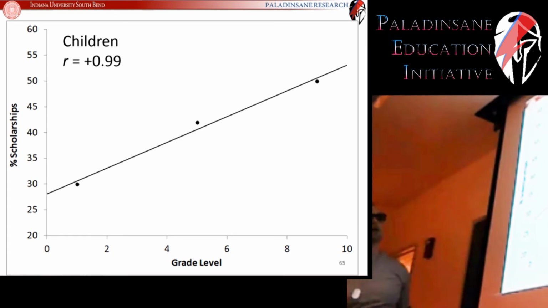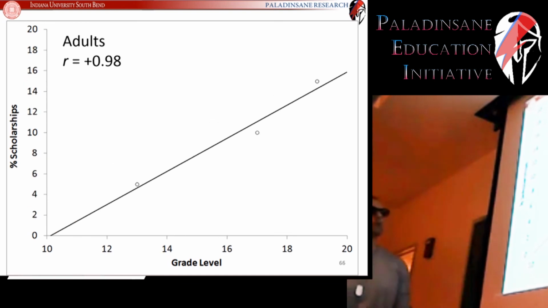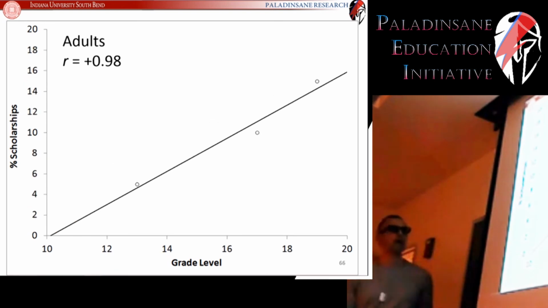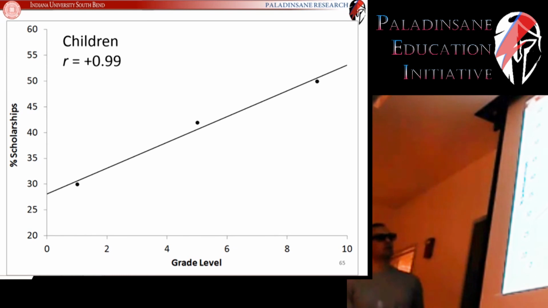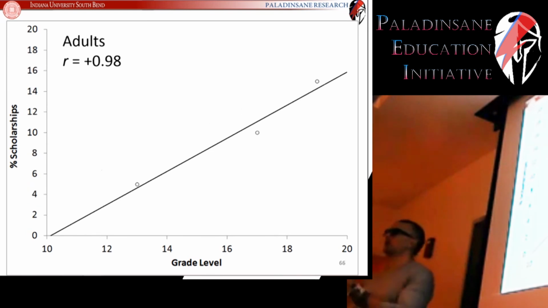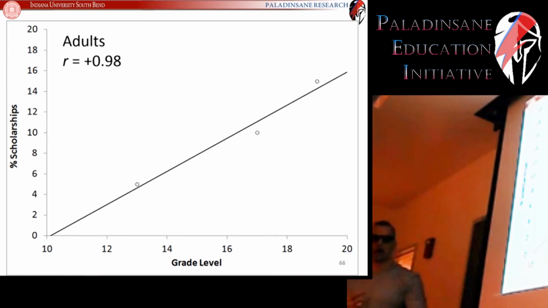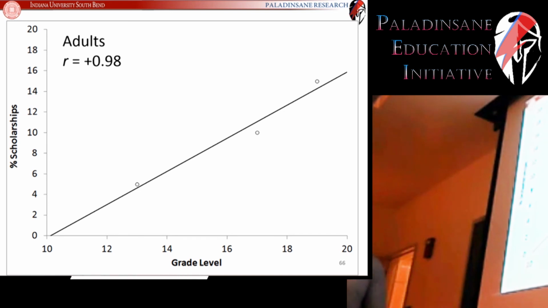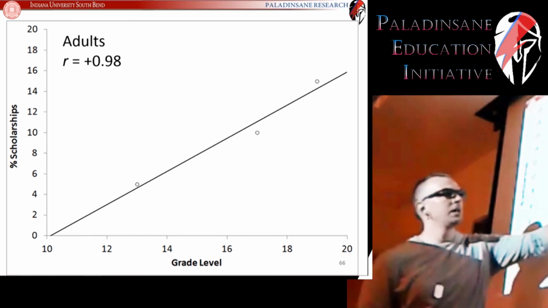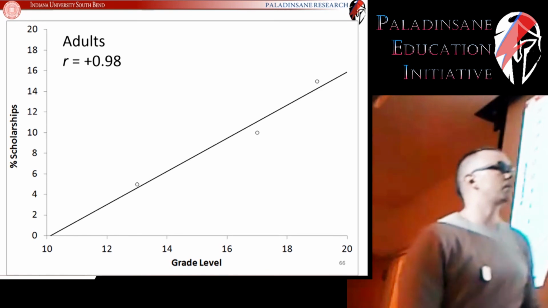That's group number 1. Group number 2 is adults. So we had children in elementary school, and now we have adults going through to university, master's, PhD programs.